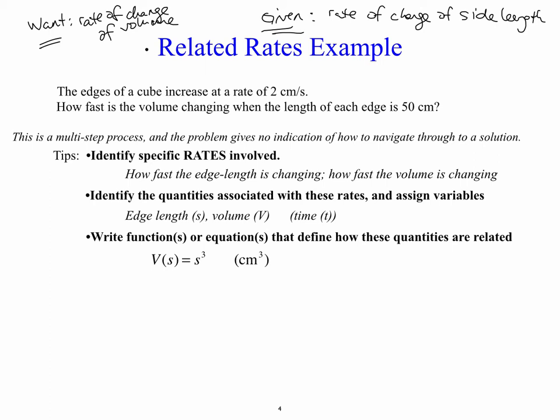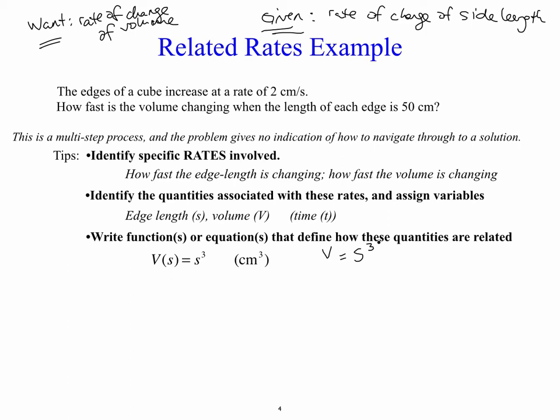So if you wanted to not complicate the notation too much, we have here written volume as a function of side length, right? Because it is. But you could also just record volume is S cubed. Because what we're really thinking about in this instance is how these two things are changing with respect to time.